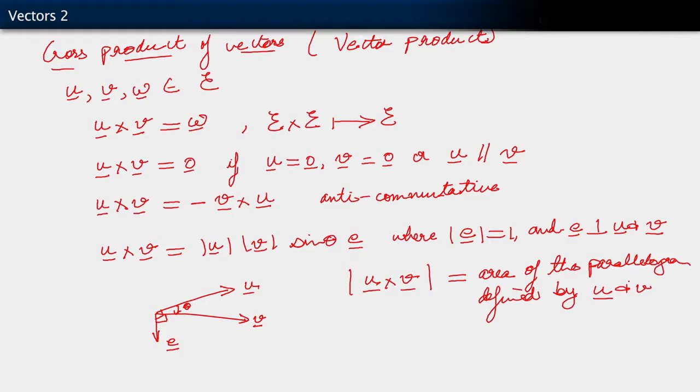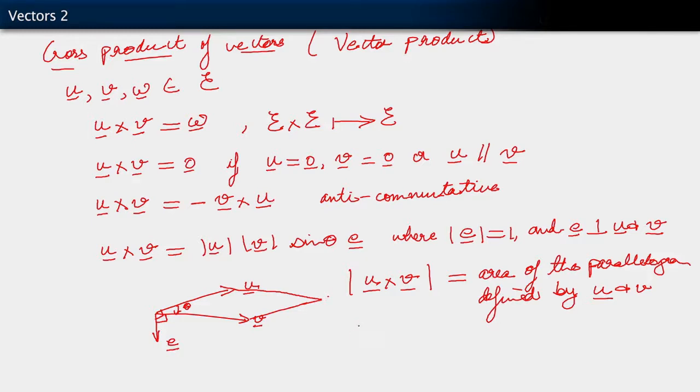So going back to the picture that I drew here, if I complete this parallelogram neatly, then the magnitude of u cross v, as I've written it here, is simply the area of this parallelogram.